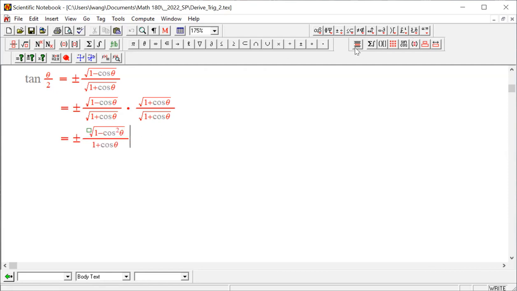We used 1 minus cosine theta multiplied by 1 plus cosine theta, and with FOIL, you get 1 minus cosine squared theta. That's how we get the top.